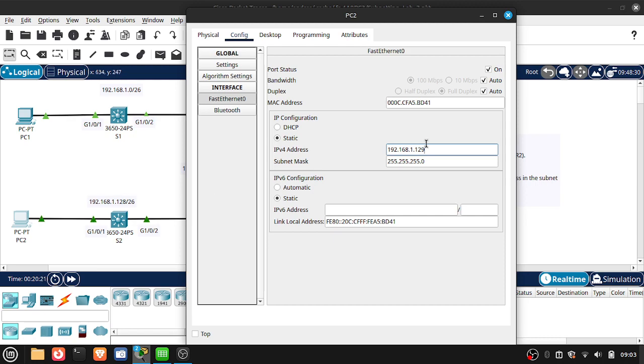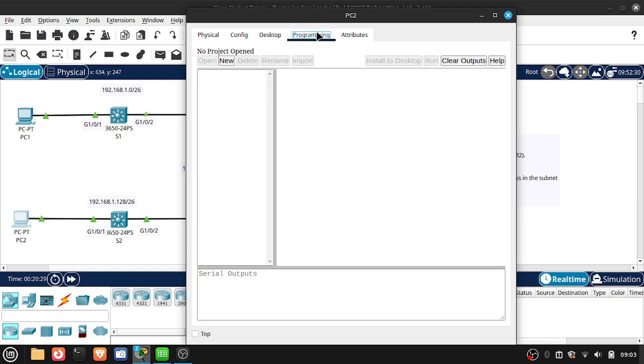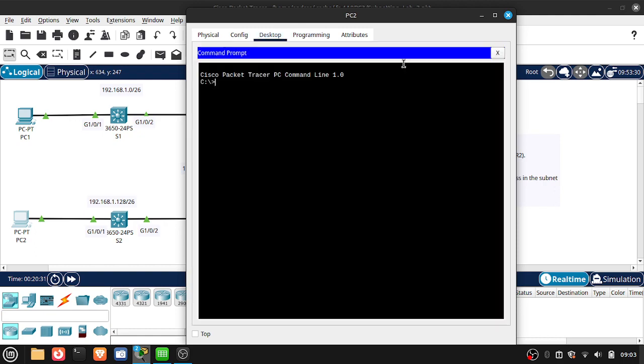Well, we're going to put the next one, and the mask 192. That's it. We should ping our default gateway 192.168.1.254.